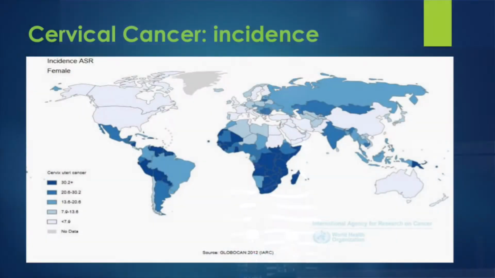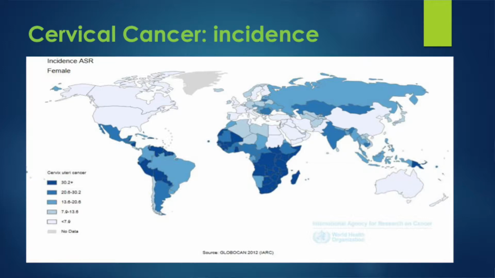I'm now going to switch gears and talk about cervical cancer, an area that I've been working in for the past 7 years at PATH. Globally, cervical cancer is the third leading cancer and cause of cancer-related mortality in women. This map shows the incidence of cervical cancer worldwide.